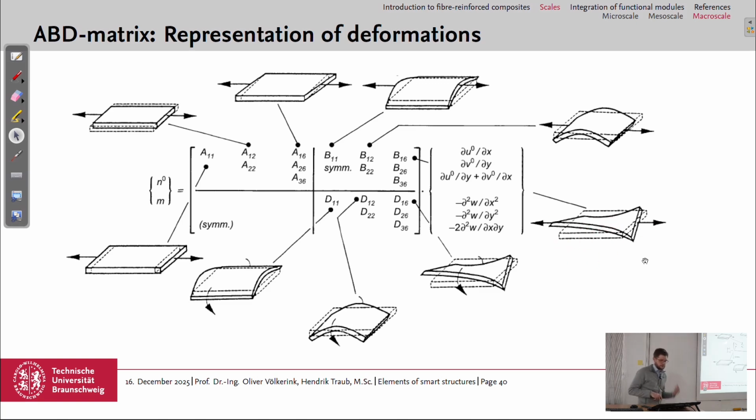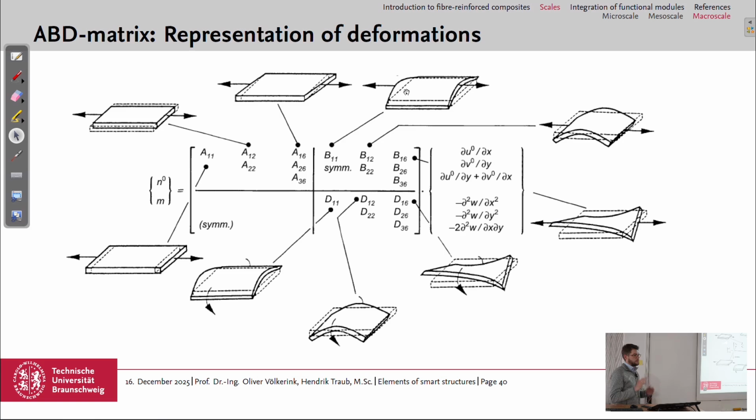But why do I have the slide here? If we apply surface actuators, functional modules on a laminate, and we have a laminate with a B matrix, so coupling effects, then we could use the transverse actuation, the in-plane actuation of the actuator to, for example, get to a bending of the laminate.